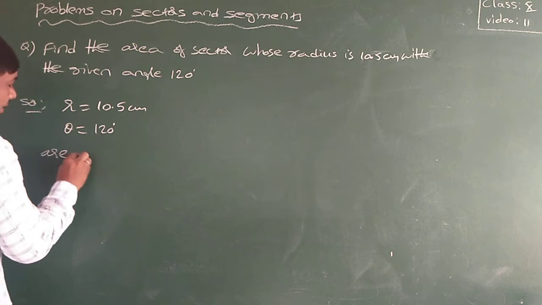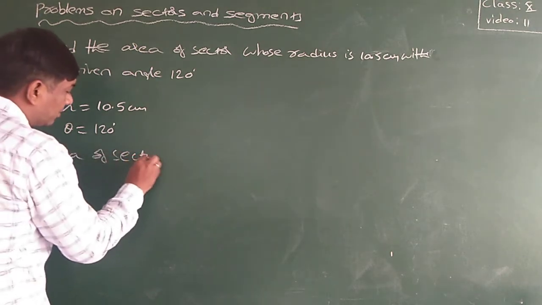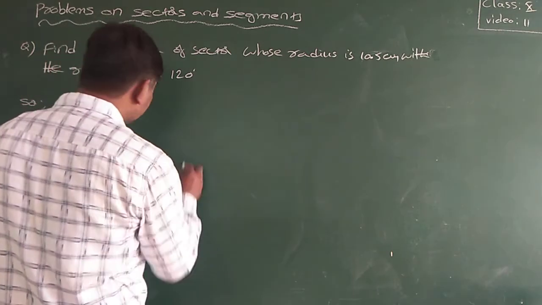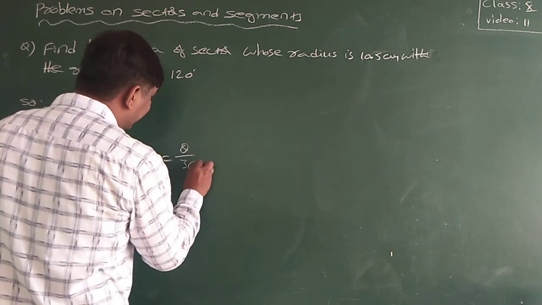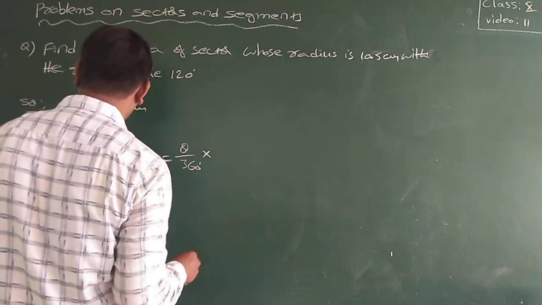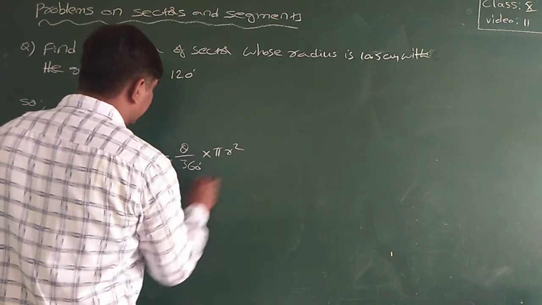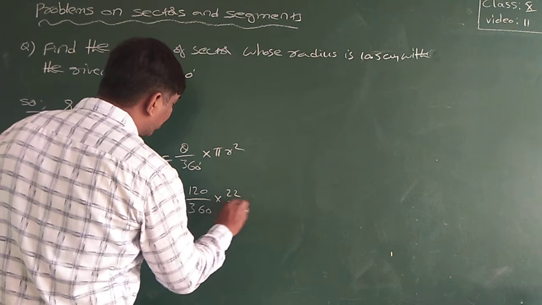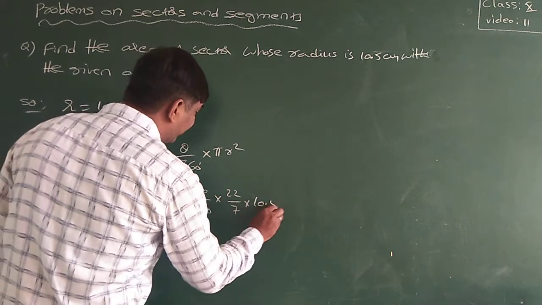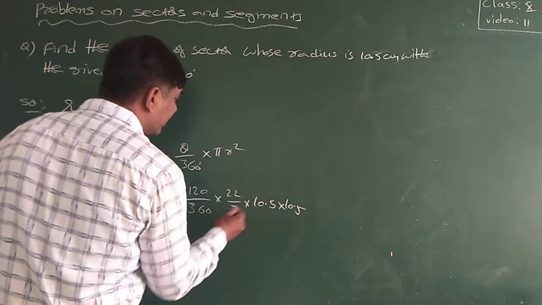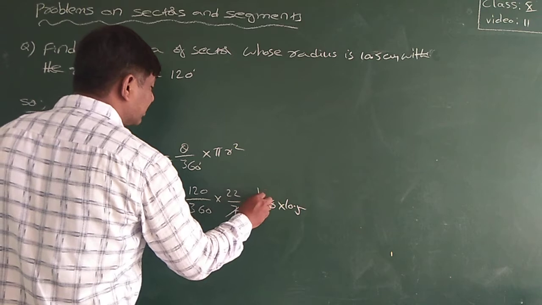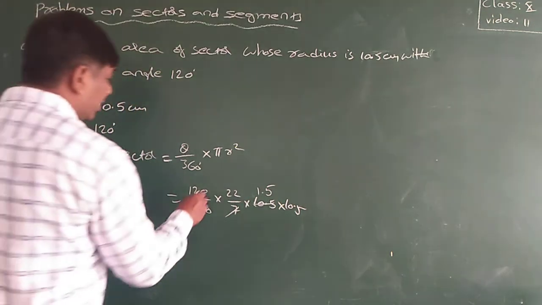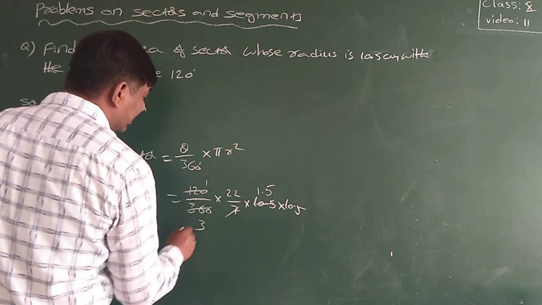Now area of the sector is theta by 360 degrees into pi r square, that is equal to 120 by 360 into 22 by 7 into 10.5 into 10.5. 7 1s are 7, 7 5s are 35. 120 by 360 is 1 by 3.